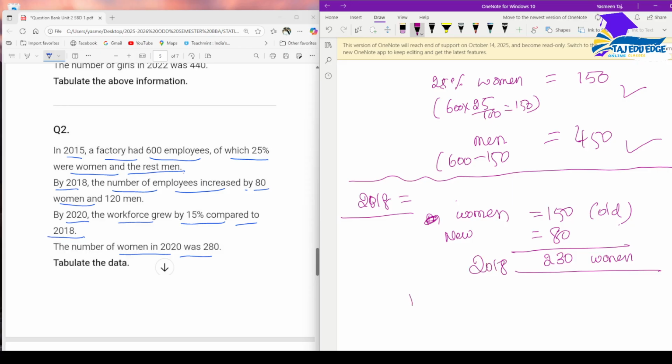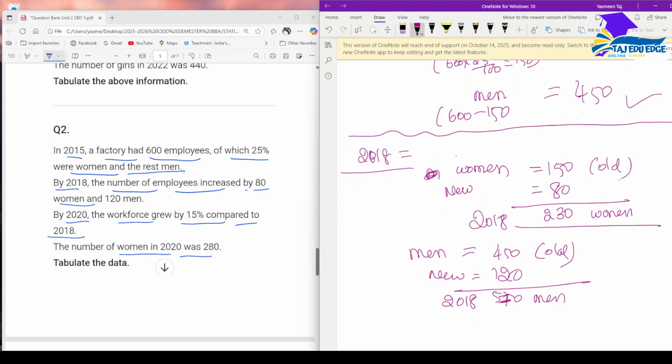Next, men. Old 450, right? Newly 120 men have joined, correct? So total 570 men in 2018.